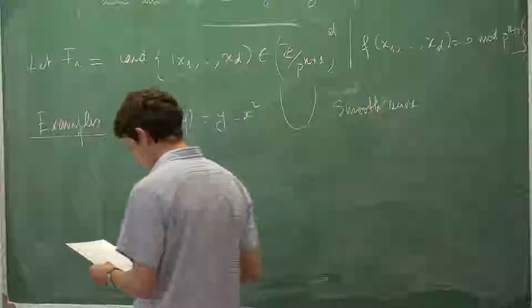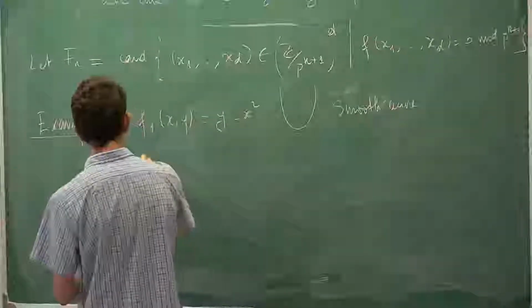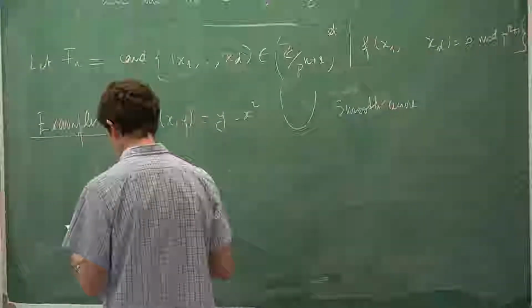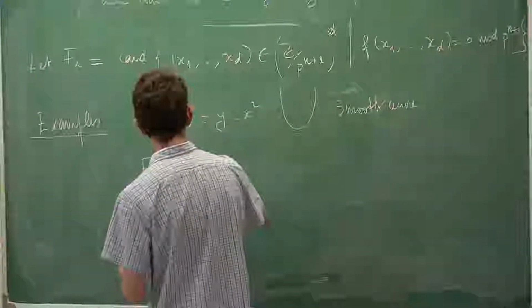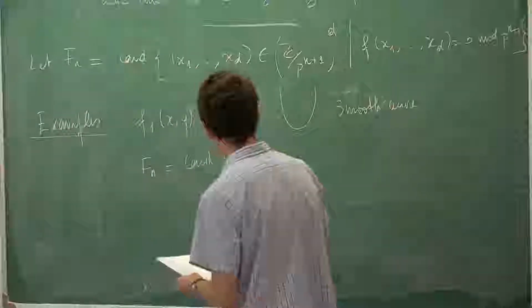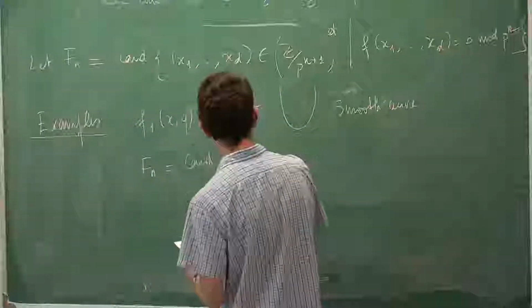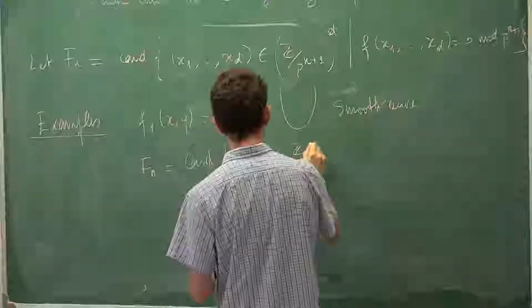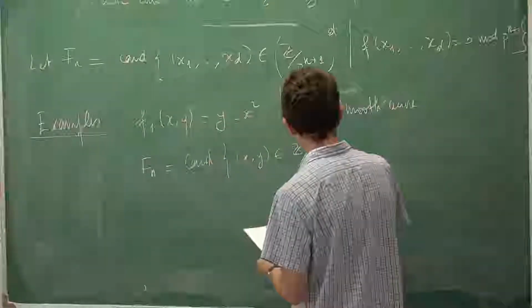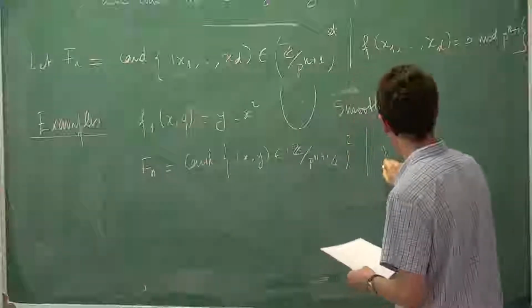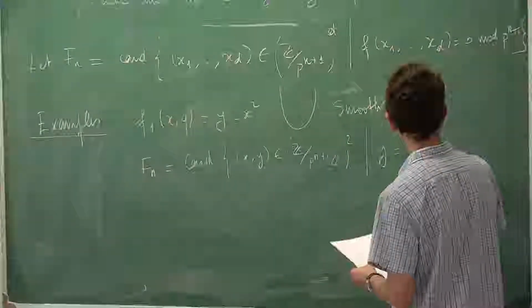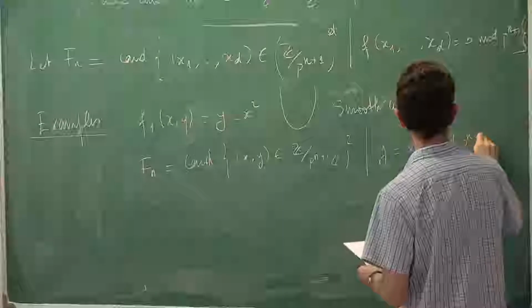And then if you do the computation, you will see that Fn is the cardinal of (x, y) in (Z mod p^(n+1))^2 such that y equals x^2 modulo p^(n+1).